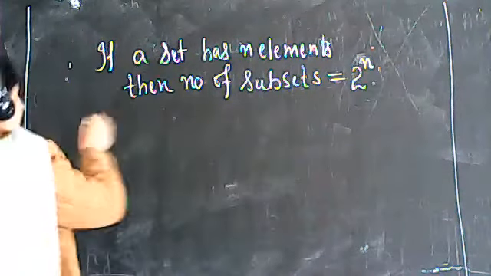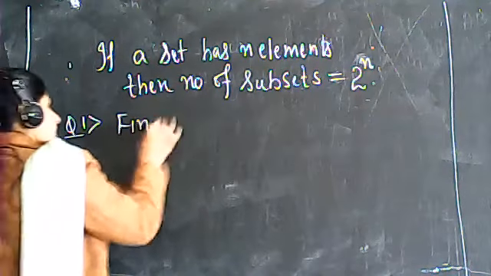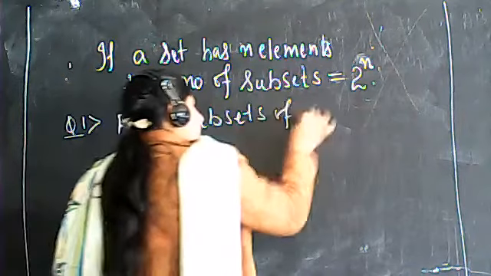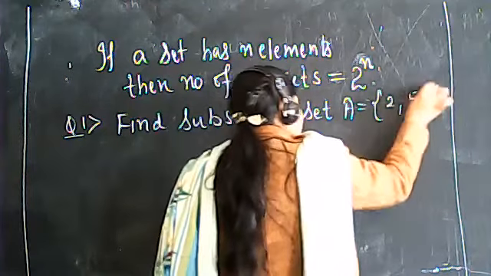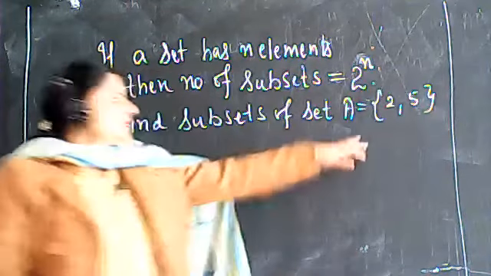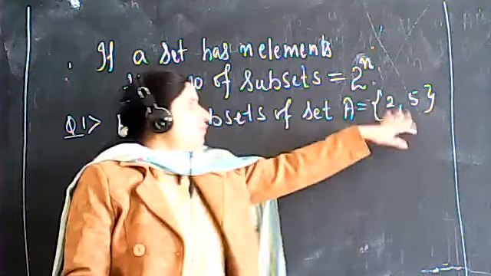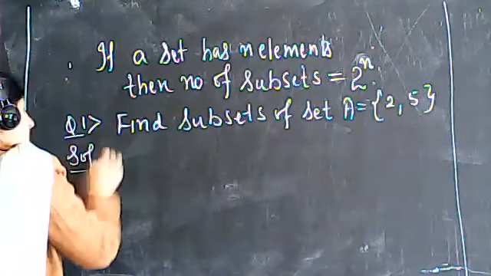For example, let us start with the first example. Find subsets of the set A equals 2, 5. Now we have been given this set which contains 2 elements and we want to find its subsets.